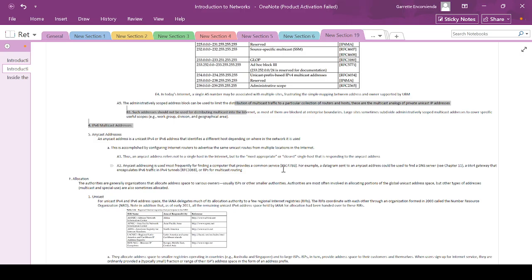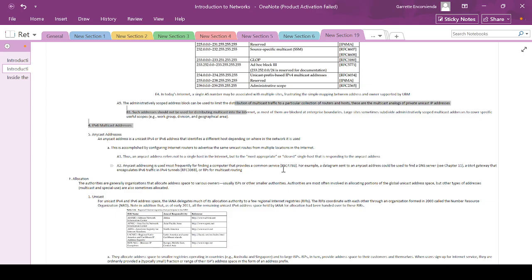As most of them are blocked at enterprise boundaries. So these addresses should not be used for distributing multicast into the internet because they are blocked at enterprise boundaries. Large sites sometimes subdivide administratively scoped multicast addresses to cover specific useful scopes like work group, division, and geographical area.